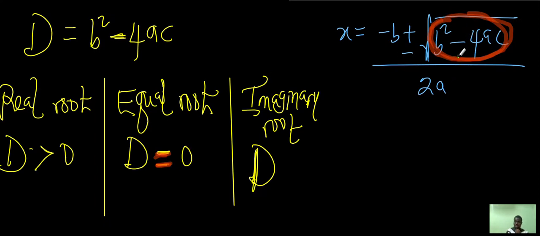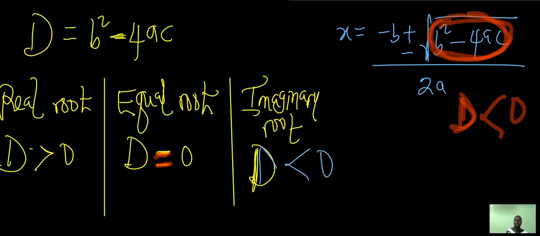The number under the square root is b squared minus 4ac, and that is the discriminant. Any negative number means a number less than 0. So the discriminant must be less than 0 so that it will give an imaginary or complex root.